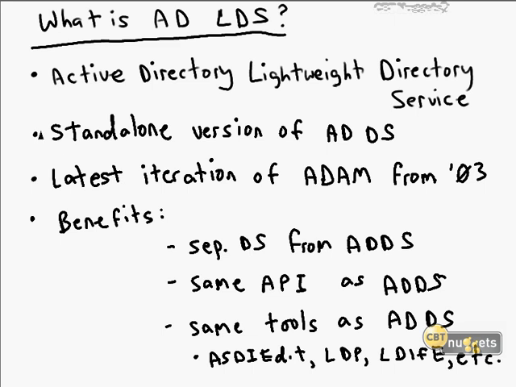What AD-LDS is, friends, is a standalone portable version of Active Directory Domain Services. Incidentally, in case you haven't picked it up through context yet, AD DS is the Windows Server 2008 version of traditional Active Directory directory services from previous versions of Windows Server. Now you might be thinking, well, I'm familiar with AD-LDS.